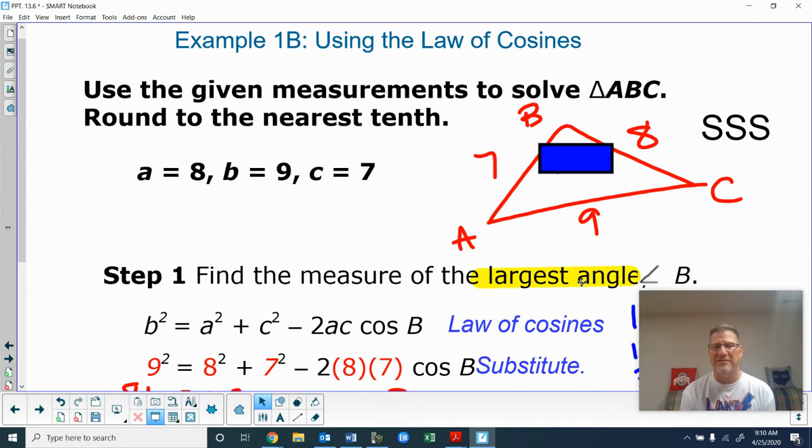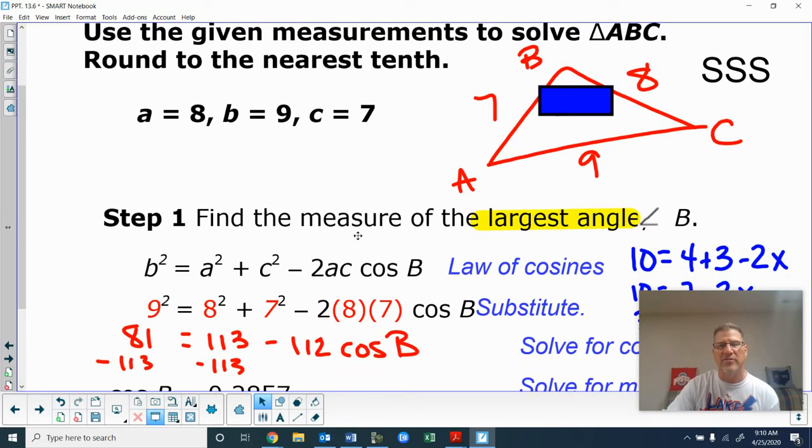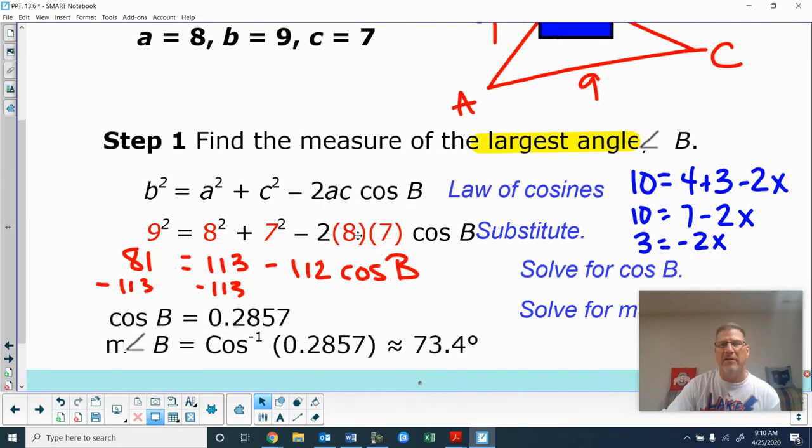Side B was 9 units. It was the longest, so we're going to find angle B. So we're going to use the B squared equals A squared plus C squared, and so on, law of cosines.